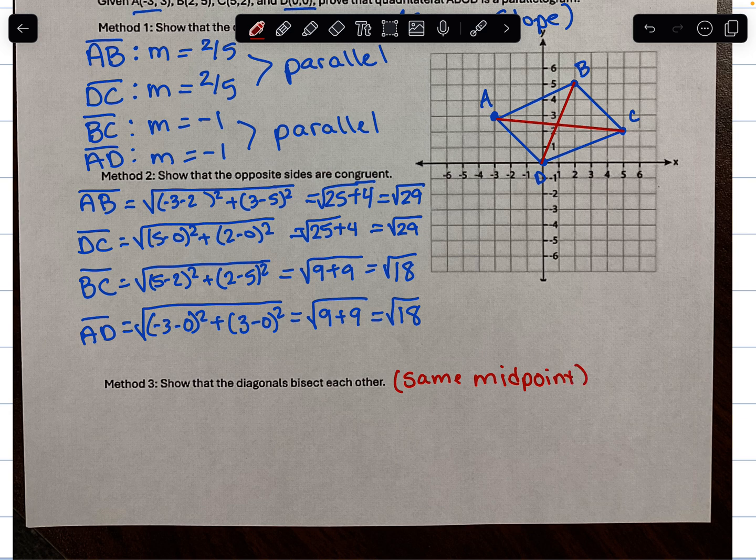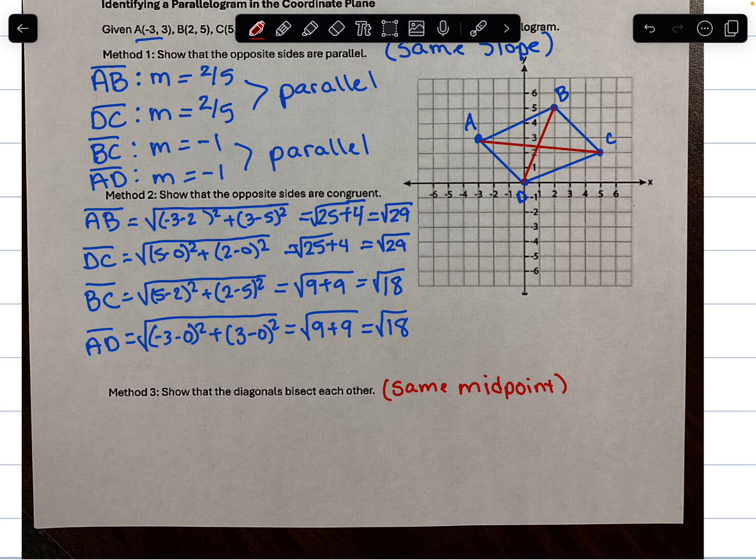So if each of those diagonals has the same midpoint, then we know they bisect each other because they're crossing at the same place, okay? How do we find midpoint? Is that x2 minus x1, or is it plus? Plus. Then divided by 2. Yep. Add our x's, take half. Add our y's, take half.